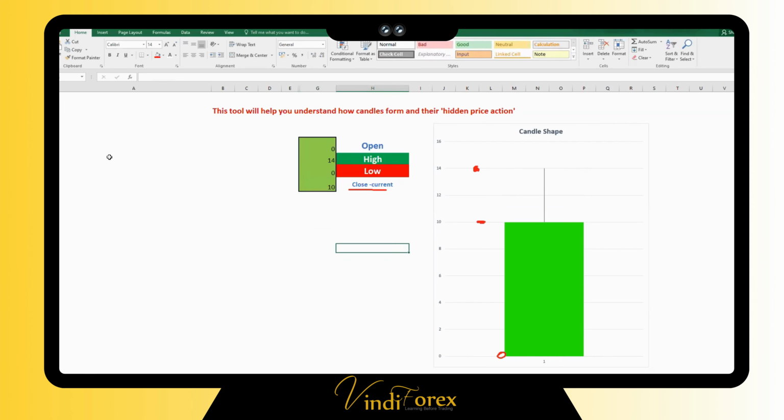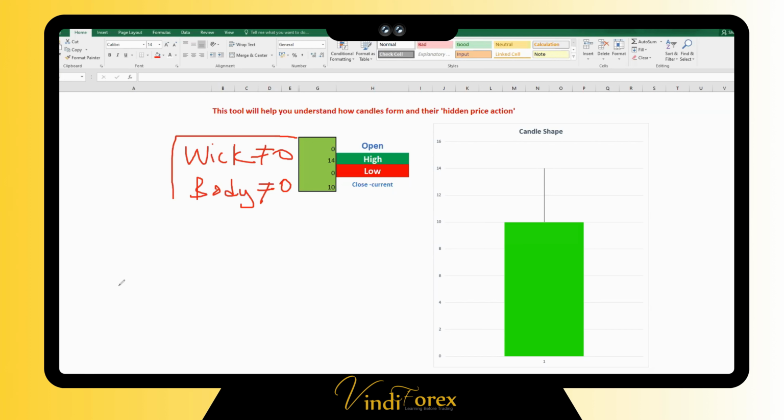So what do we have now? We have a case where we have a wick that is not zero, and we have a body that is not zero. Remember what I said?